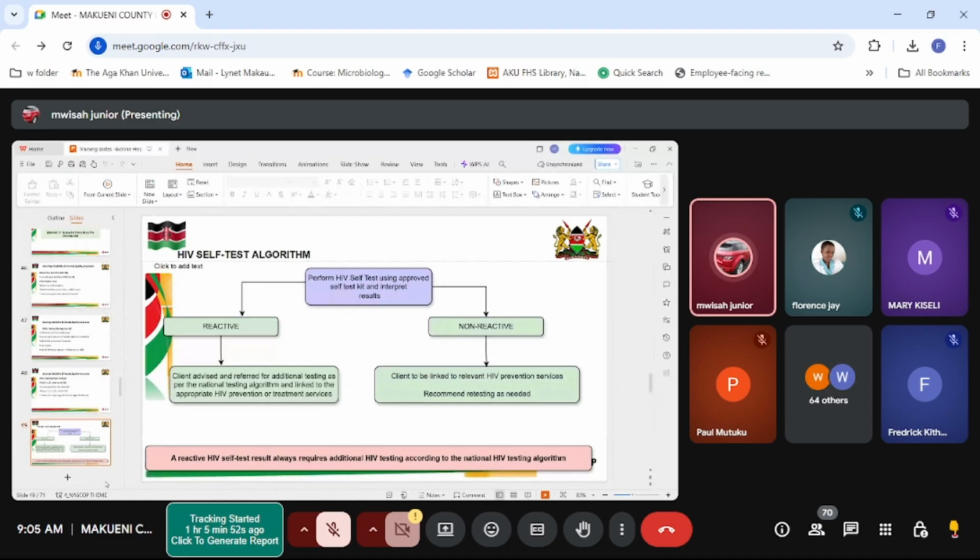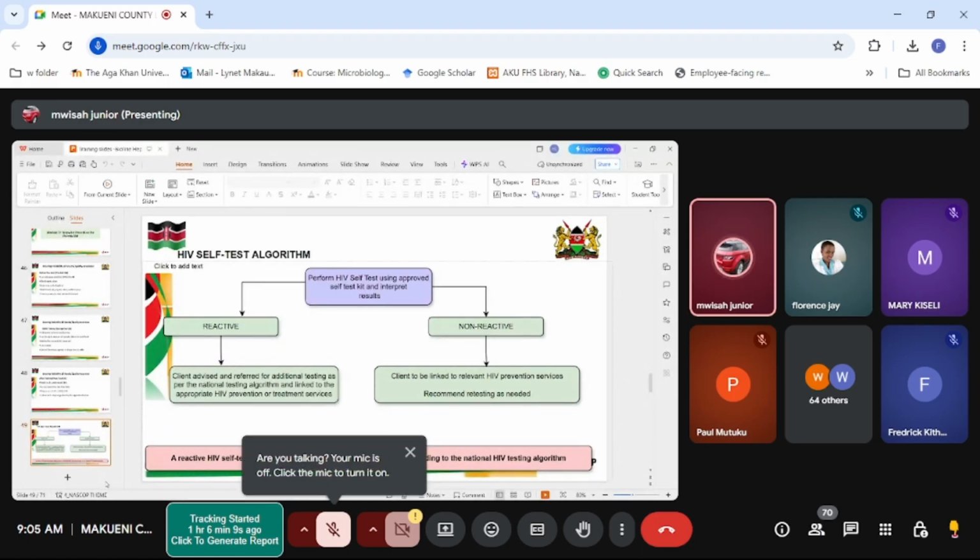If it is non-reactive, the client is linked to HIV prevention services and recommended retesting as needed. A reactive HIV self-test result always requires additional HIV testing according to the national HIV testing algorithm.